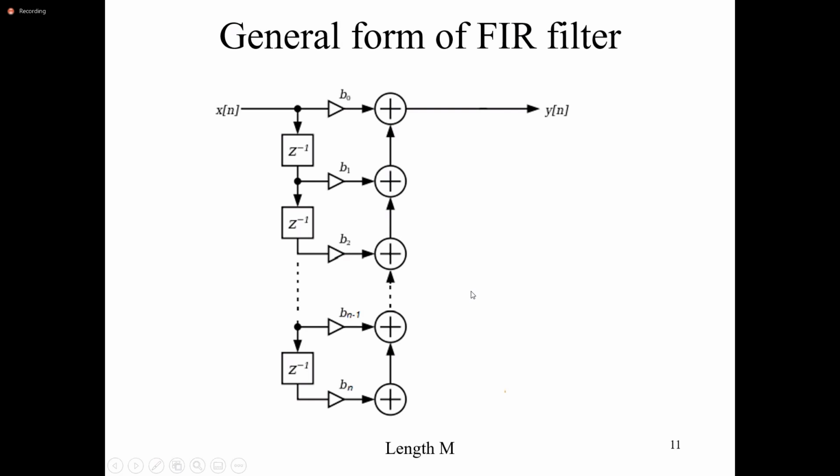And as many coefficients as you have, I've shown here b0, b1, b2, and then down to b of n minus 1, b of n. All of these are your feed-forward paths. These are your forward coefficients, or your B coefficients. And your FIR filter is of this structure.